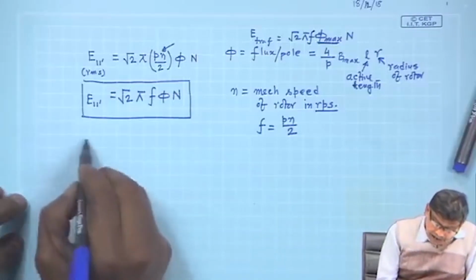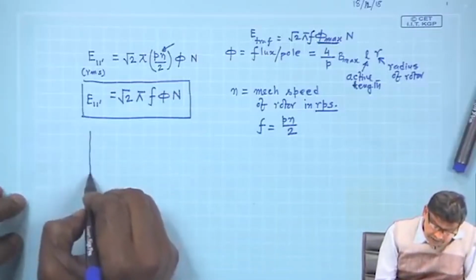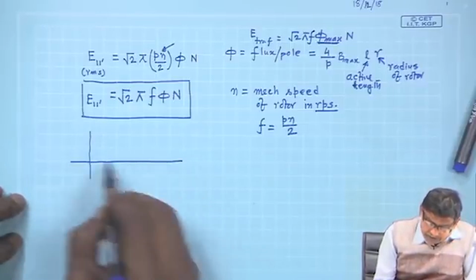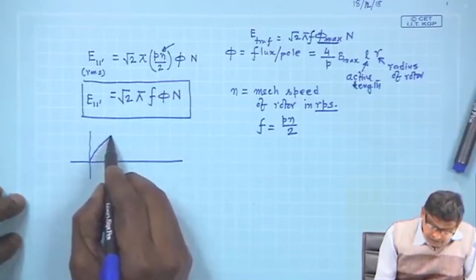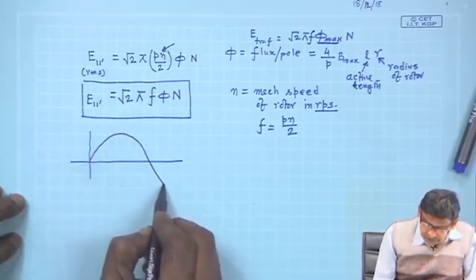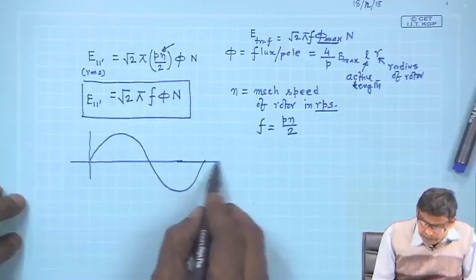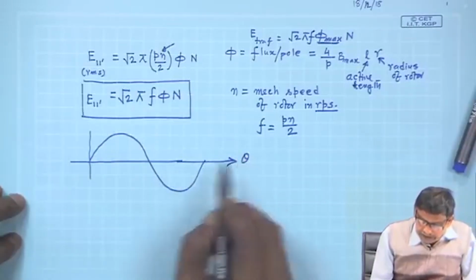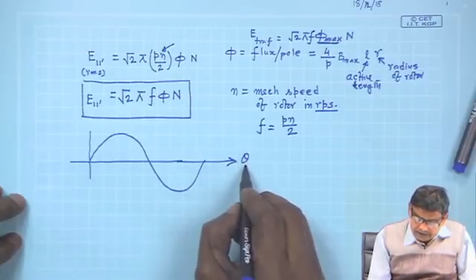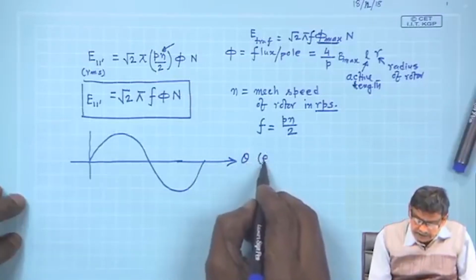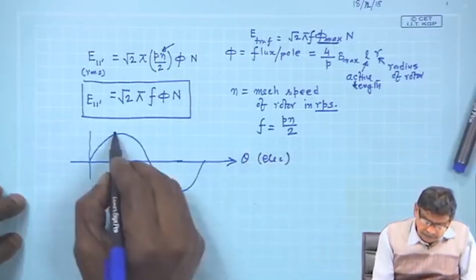Now, the idea was that I assumed the flux density was sinusoidally distributed in space. This is the space angle, and without anything written it means electrical, and this is B max.